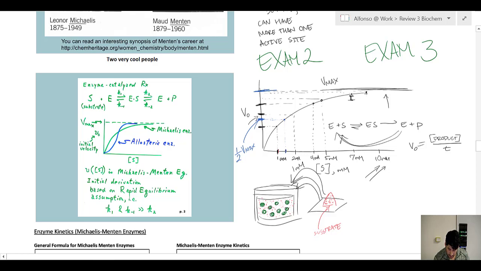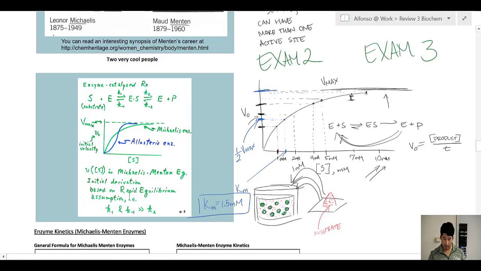All right, this value of substrate concentration is your Km. So whatever this value is right here, that is your Km. And we're going to say that Km is 1.5 millimolar. All right.